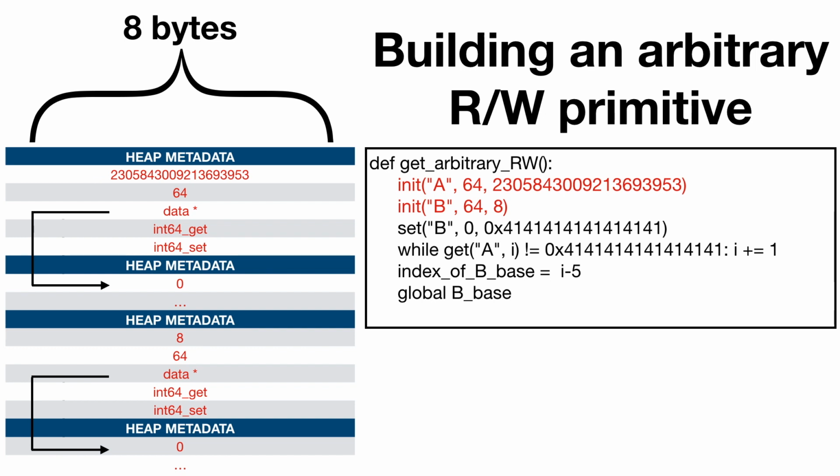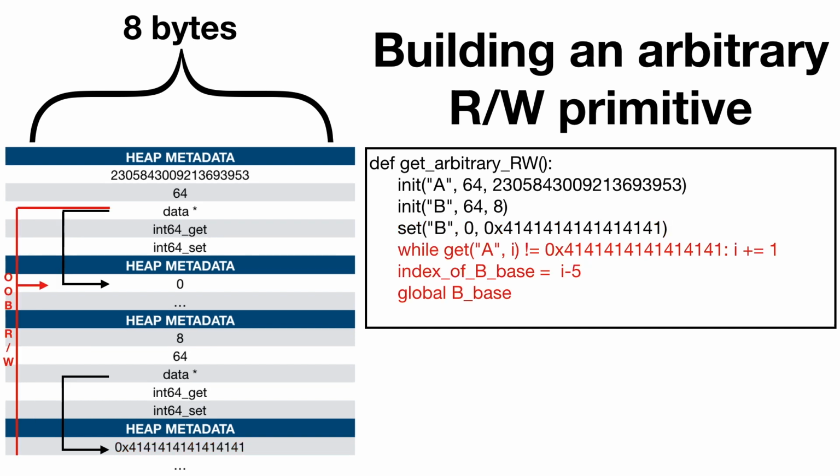Then we set a value in this second array to be able to identify it in memory, and then we use our out-of-bound reading capabilities to find this value in memory. This means that now we are able to address the second array from the first one with an index which is stored in bbase in our exploit.